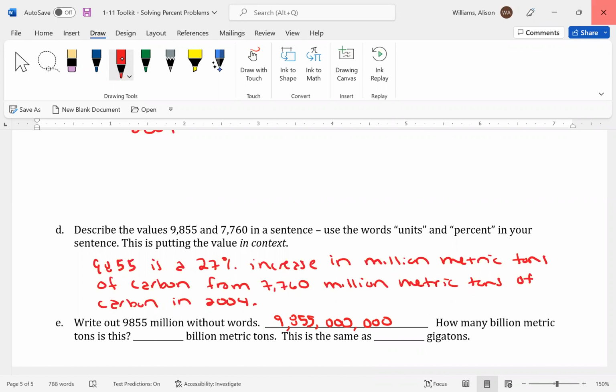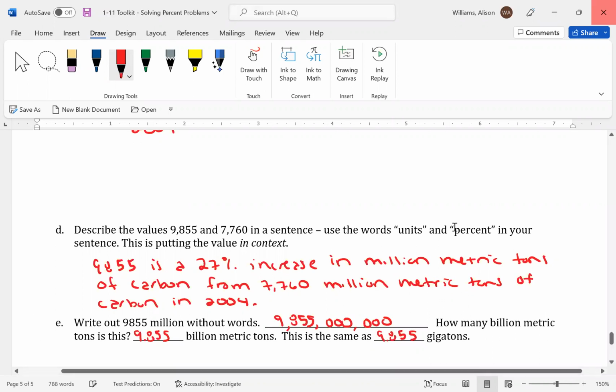So this is actually 9.855 billion. That's another way of saying that. And then the gigatons. Gigatons represents a billion tons. So when you say 9.855 billion metric tons, you could just say 9.855 gigatons.